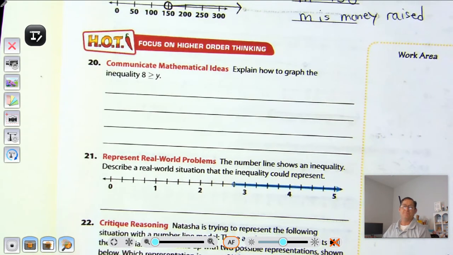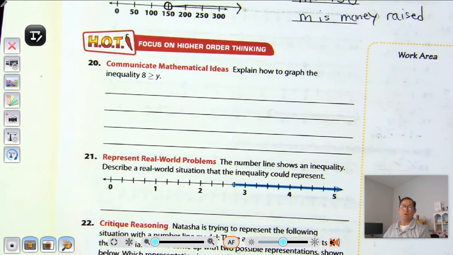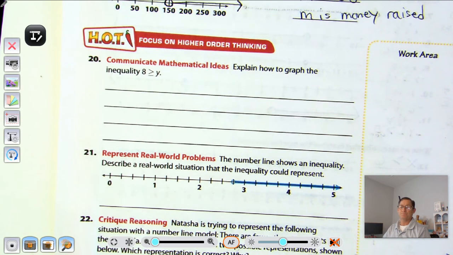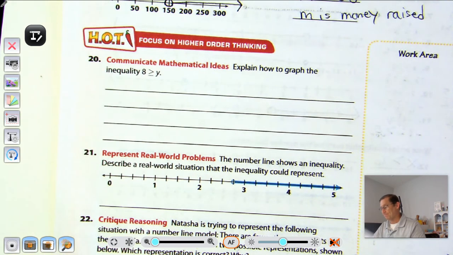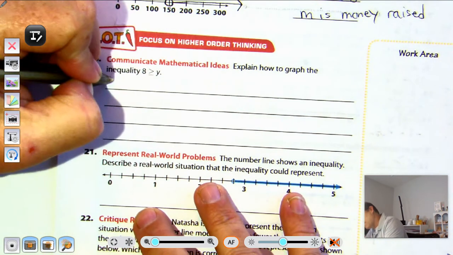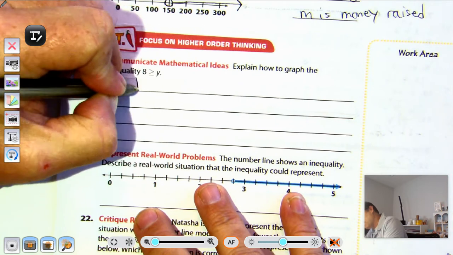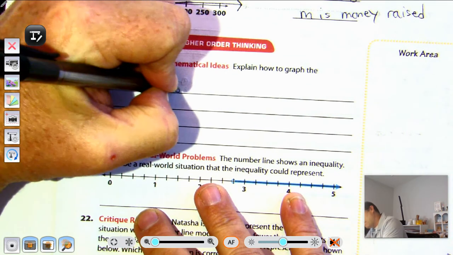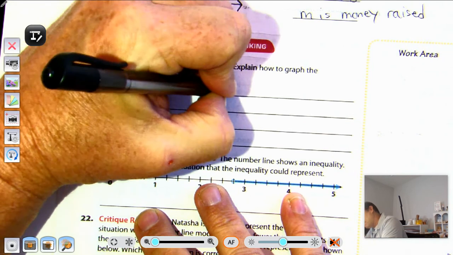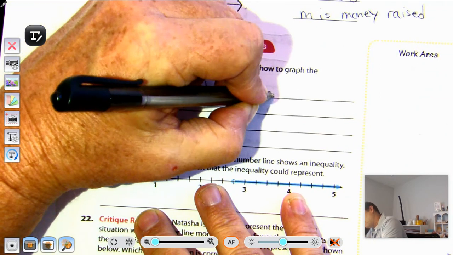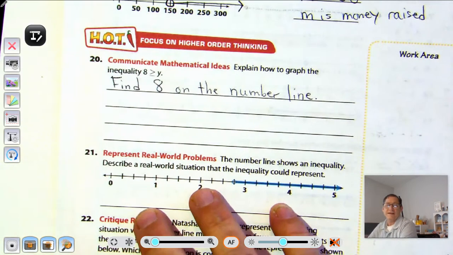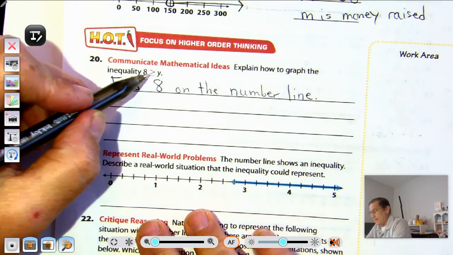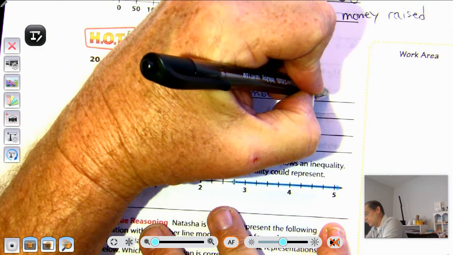All right, 20. Explain how to graph the inequality 8 is greater than or equal to y. Okay, so we'd find 8 on the number line, right? Okay, it says y is less than or equal to 8, so we would use a solid circle.